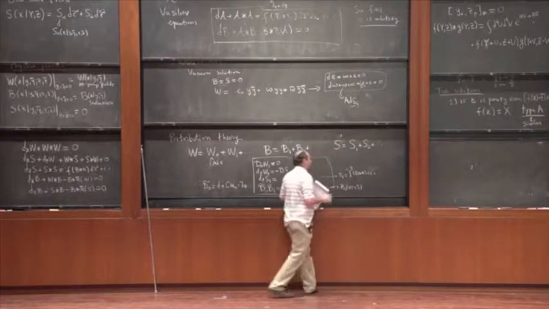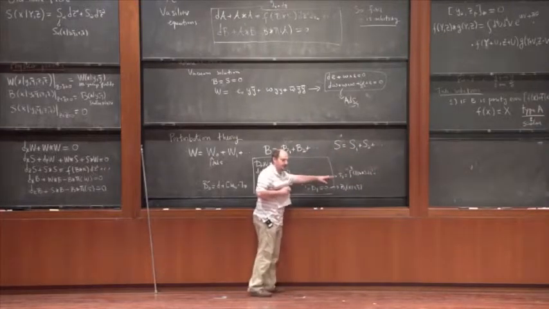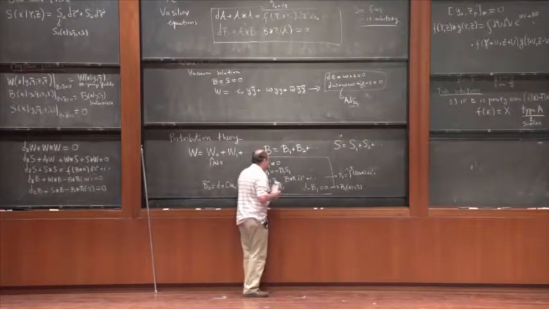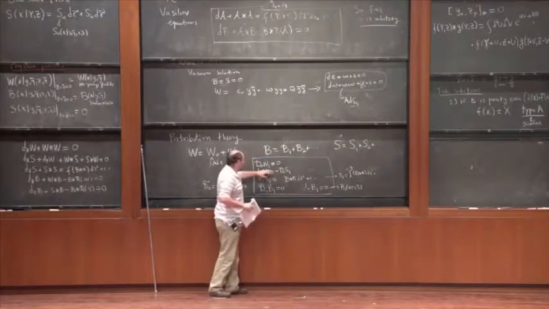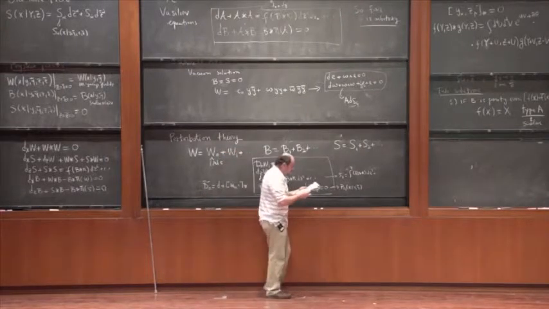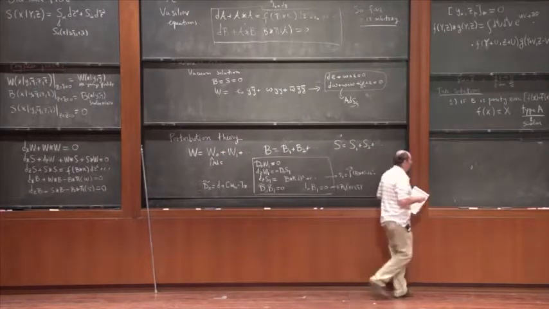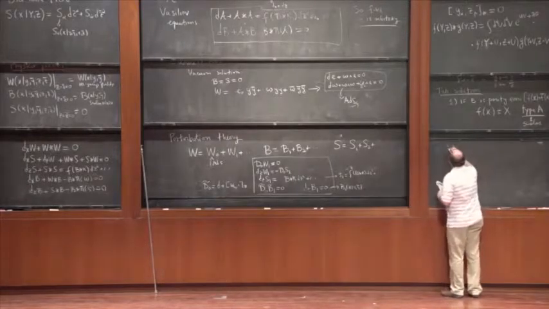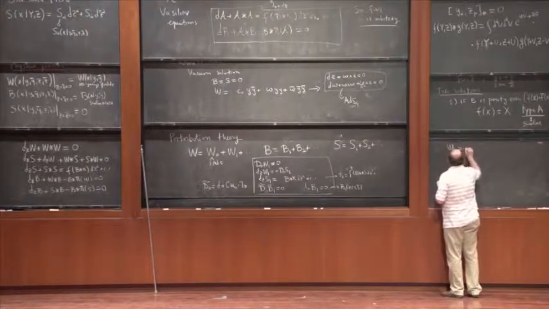I'm just being very schematic. There is an explicit expression for this solution here. Once you know S1, then you go back to these two equations and try to solve for W. Remember that in the end of the day, we are interested in the z-independent part of W.